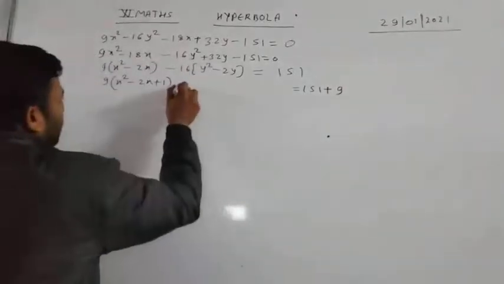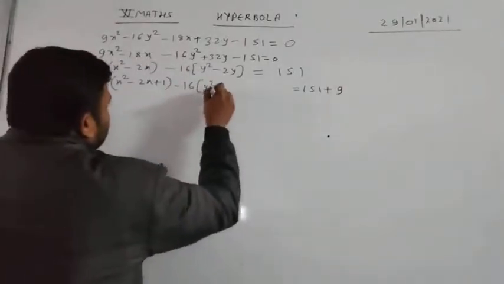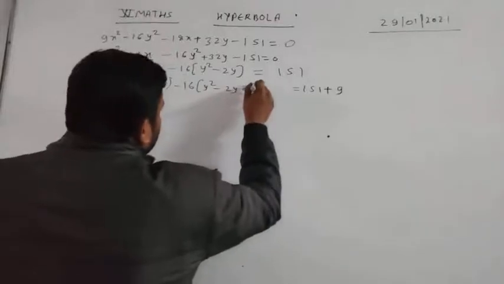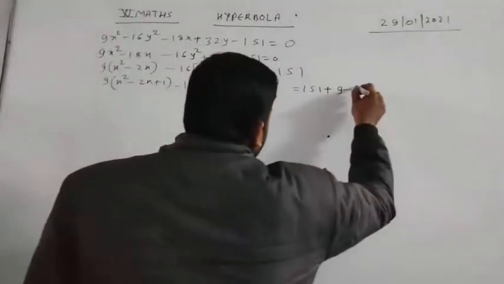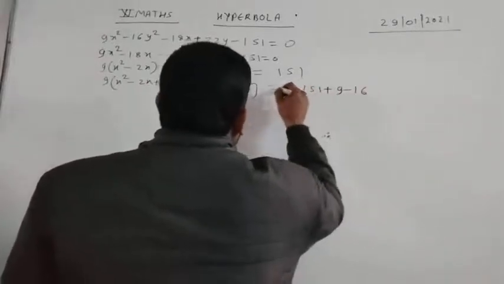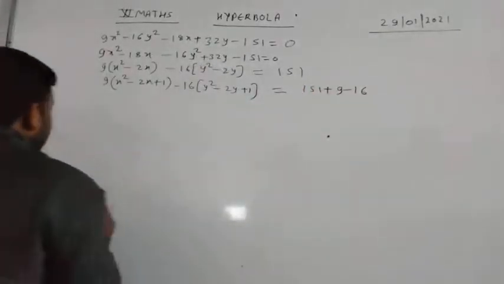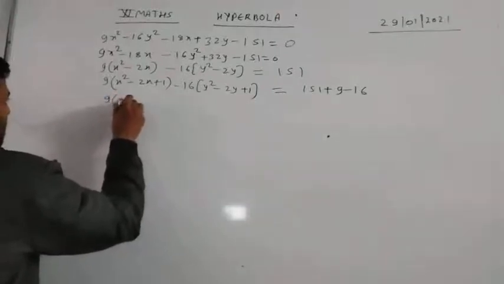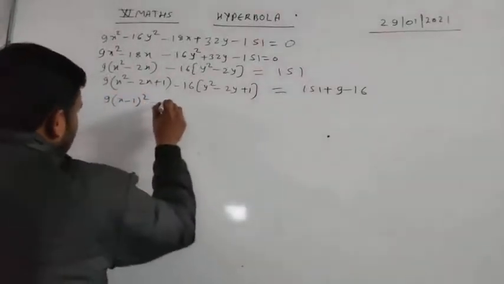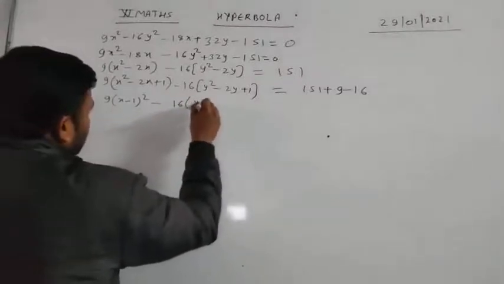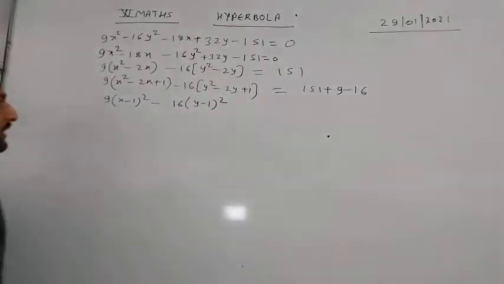Now minus 16 and here y square minus 2y plus 1. So when we multiply, we get minus 16, so we write minus 16 on the right hand side also. Now this is 9 into (x minus 1) whole square and minus 16 into (y minus 1) whole square.